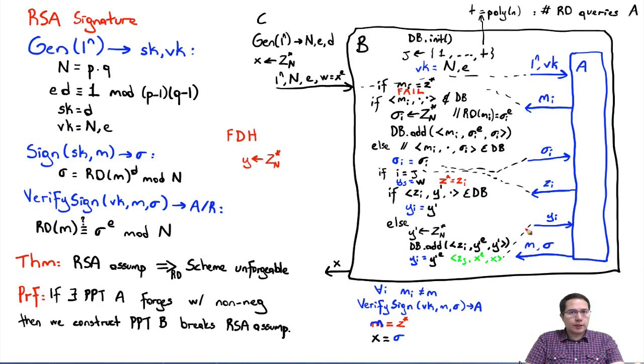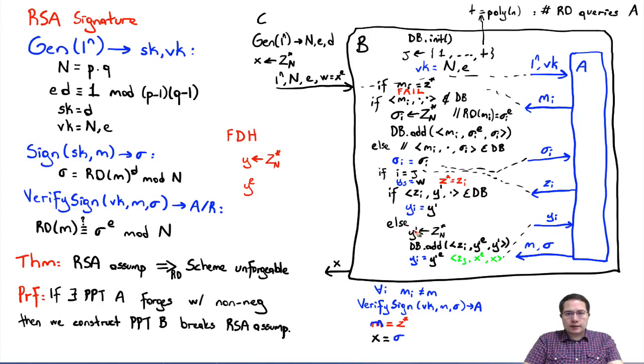No, there's no problem here, because remember, RSA is a permutation. So, indeed, this Y to the power E for a random Y is a permutation, meaning that for each Y, we can have Y to the power E, and then this again gives us a random element from Zn star.